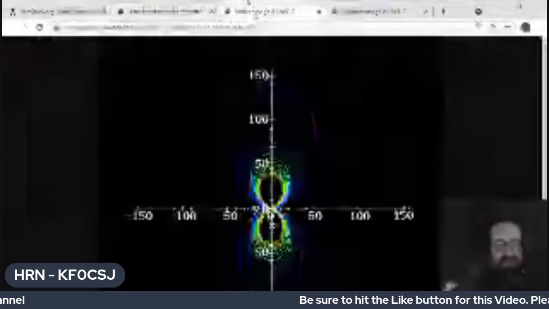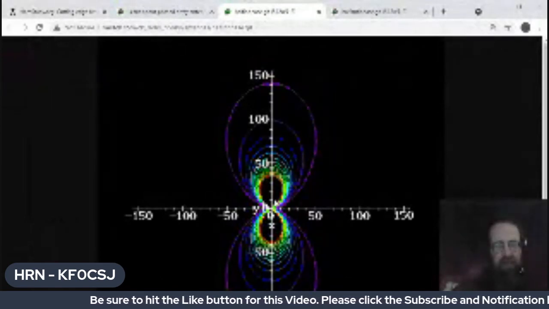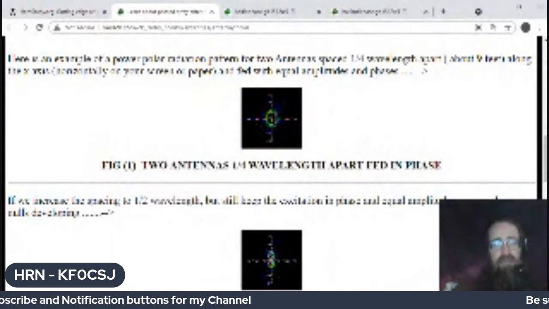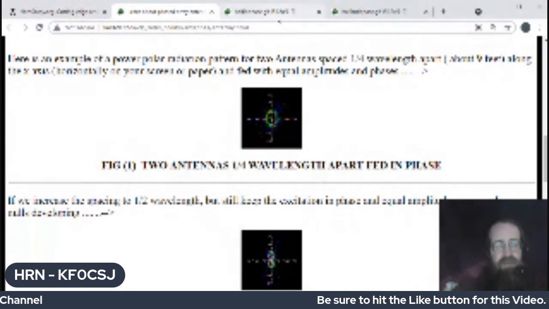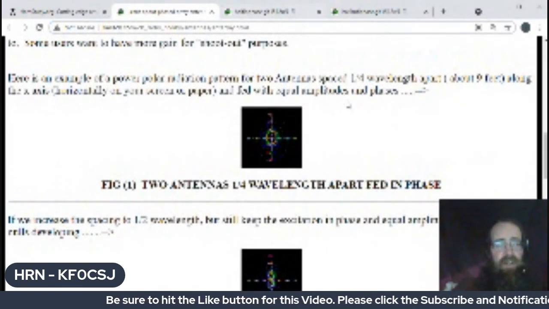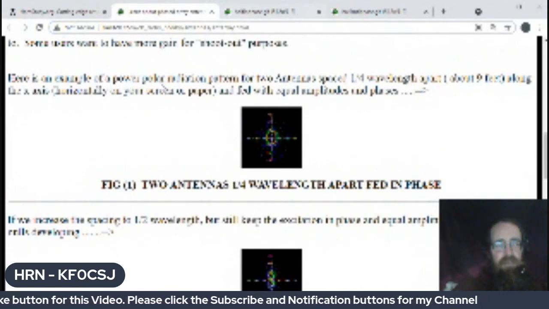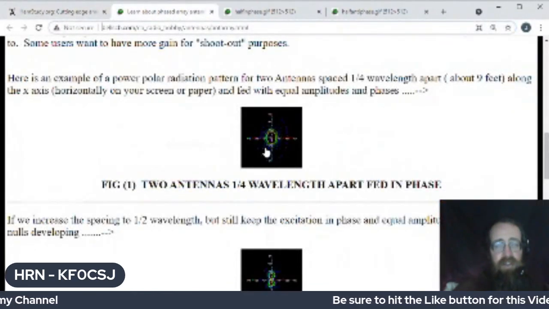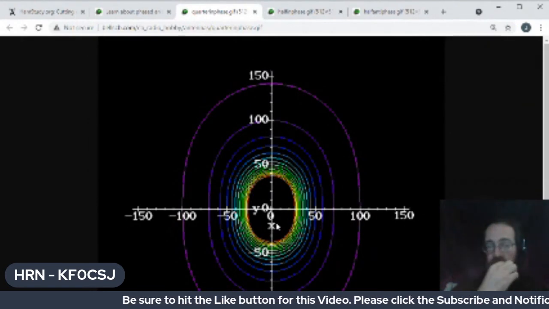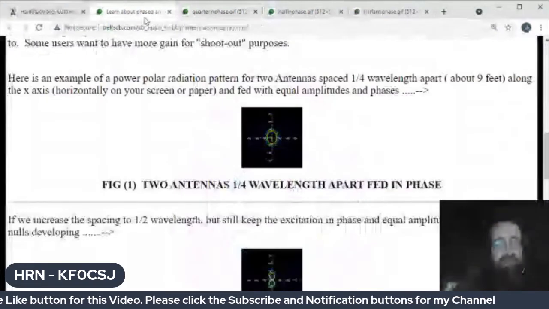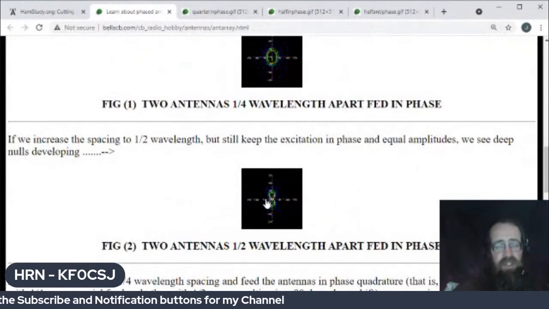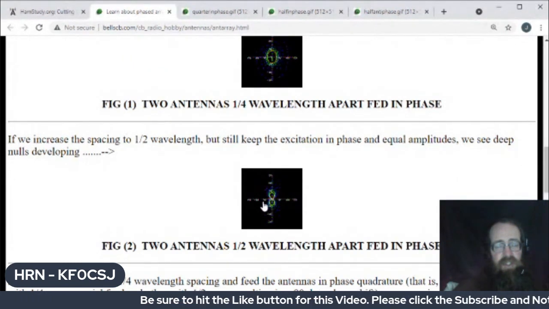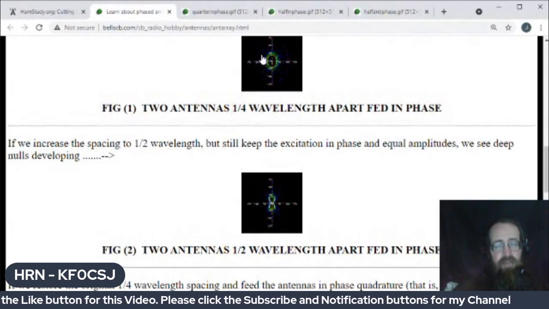If they're half wavelength, if they're in phase, here's the example of polar radiating power from two antennas spaced a quarter wave apart, which is sort of like an oblong. But I believe it would be considered omnidirectional.